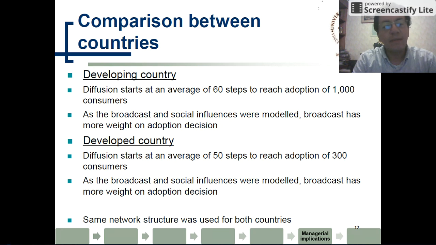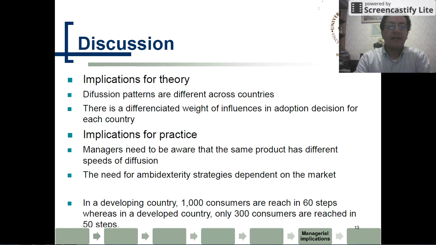Now, what are the implications for theory? These experiments have shown that diffusion patterns for reverse innovation are different across countries. So there are differences between a developed country and a developing country. Also, there is a differentiated weight of influences in the adoption decision for each country.